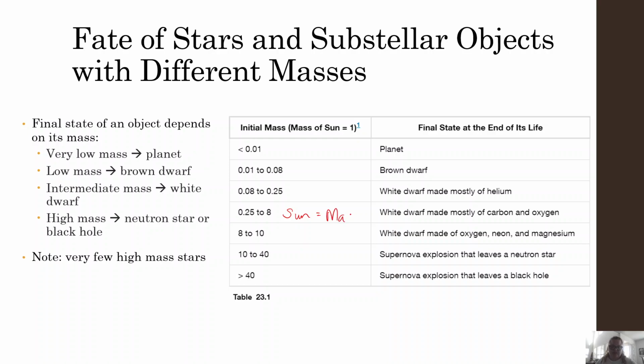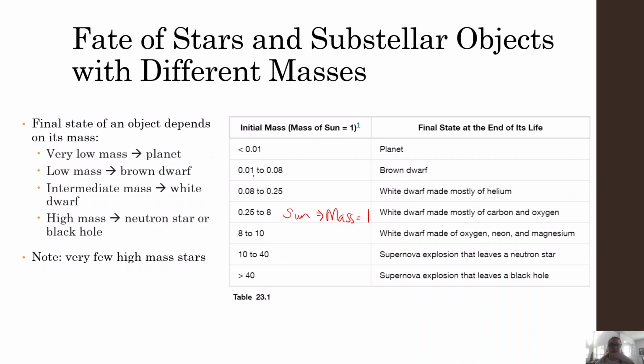Mass equals 1. The sun mass is equal to 1 here. Okay, so if we have something that is a tenth of the sun's mass, we'll have a planet.